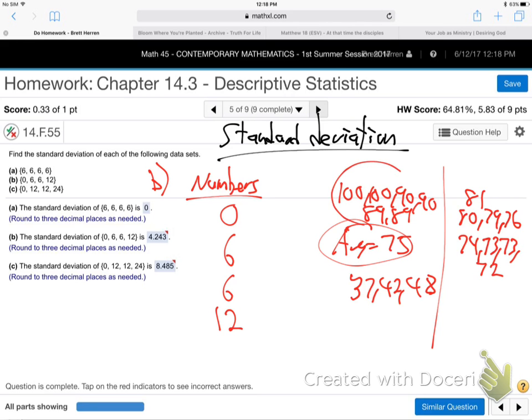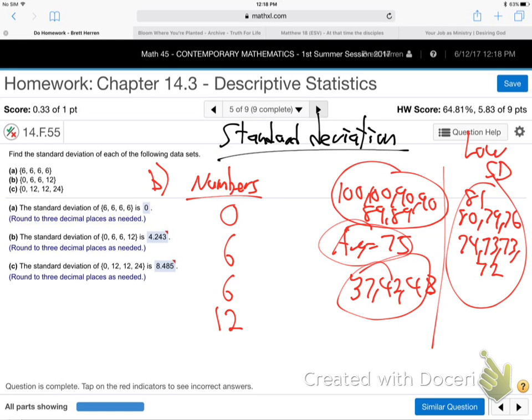One data set gets there with a whole bunch of super high numbers and a whole bunch of super low test scores. This class has the same average, and they're all close to that average. There's not much spread. So the second group would have a low SD. SD stands for standard deviation. The first group would have a high SD, standard deviation.